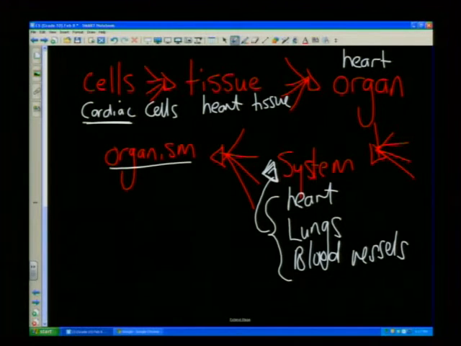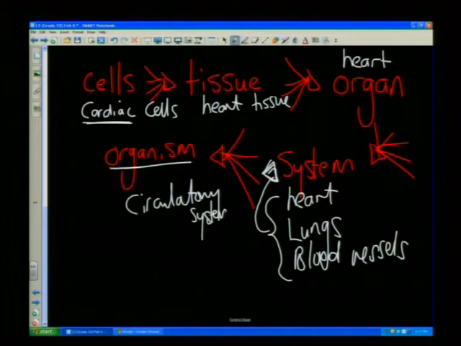So we may have the circulatory system. Okay, and you'd have the respiratory system, respire, to breathe.